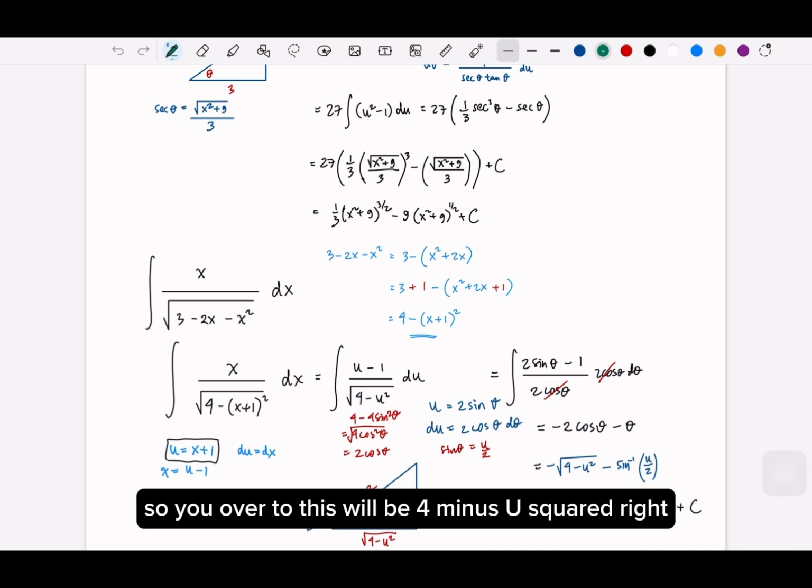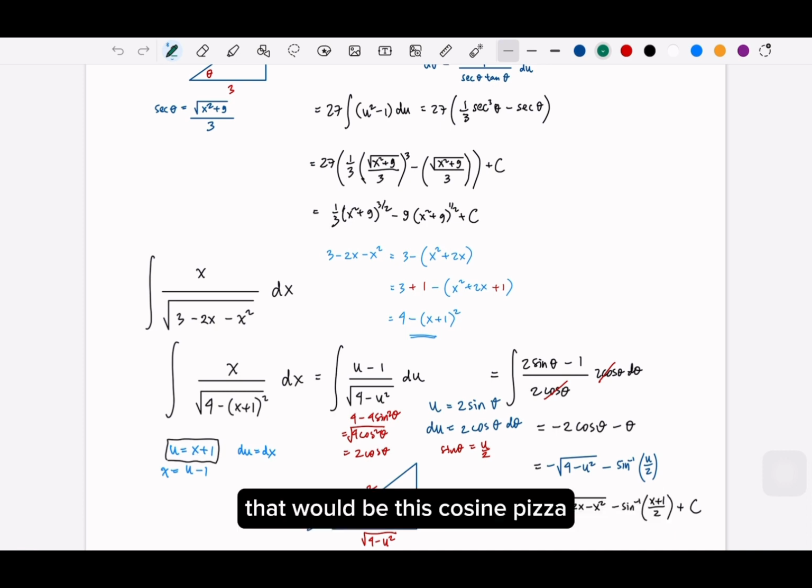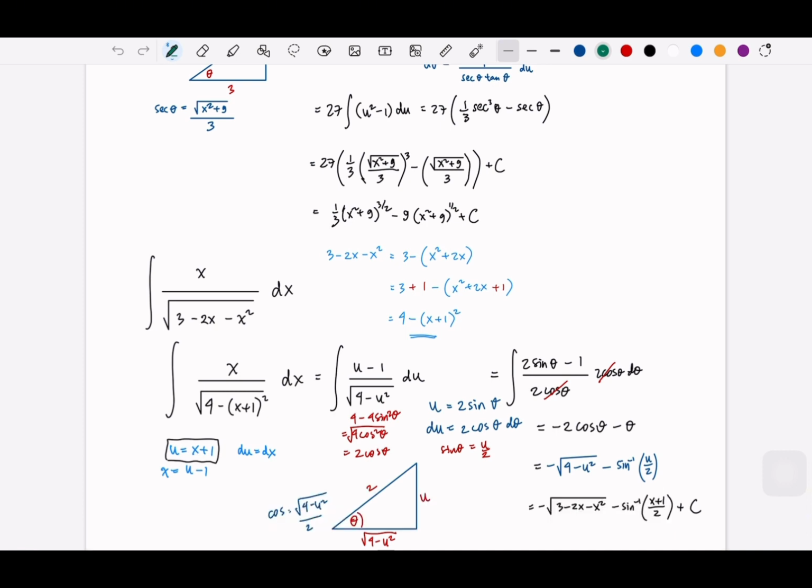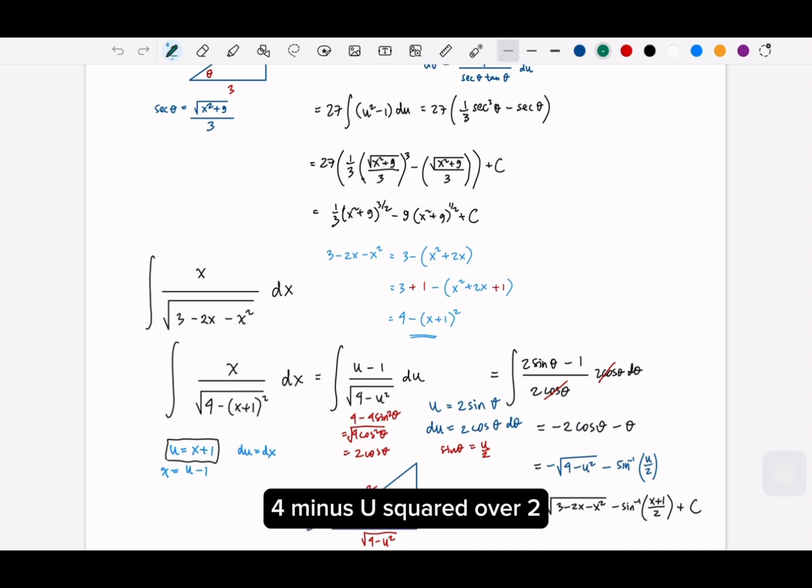So u over 2, and this will be the square root of 4 minus u squared, right? That would be this cosine theta. So minus 2 times the square root of 4 minus u squared over 2. So I think I will just cancel this 2.